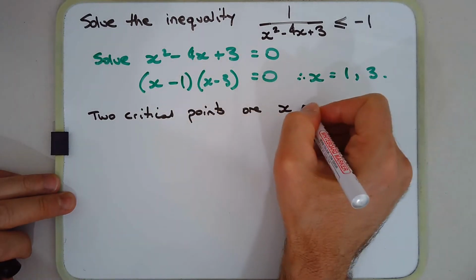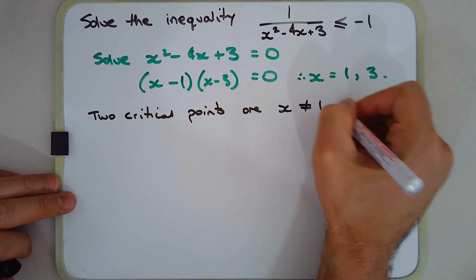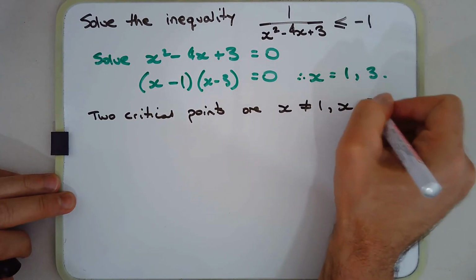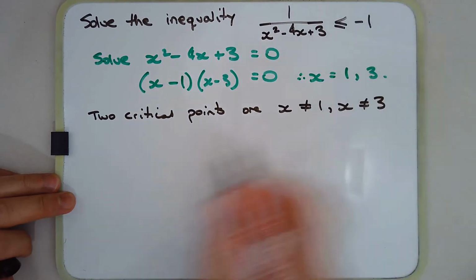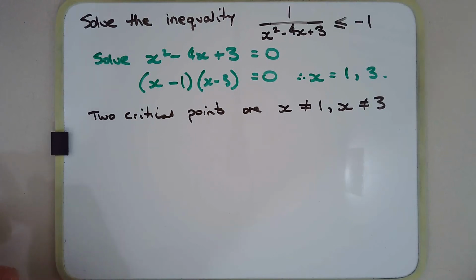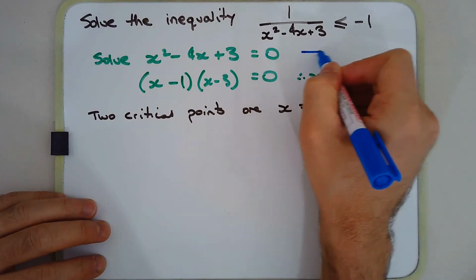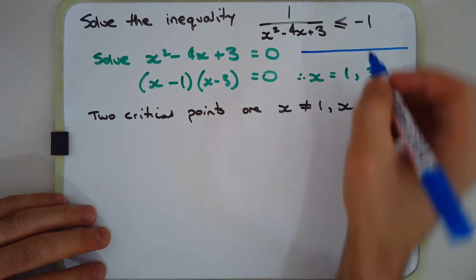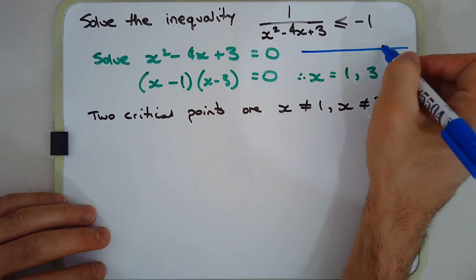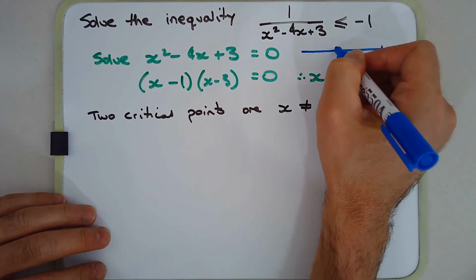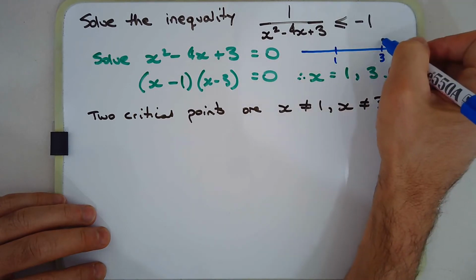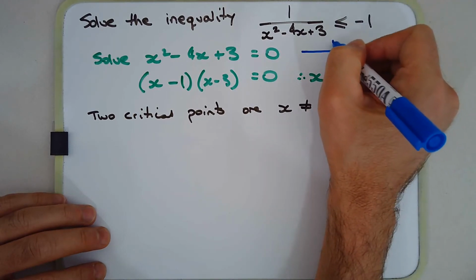In fact, x cannot equal 1, and also x cannot equal 3. All right, so maybe what we can do is build the solution. I might just draw it here, as I've run out of board space. Put a 3 there, and 1 here, and we're going to put open circles.